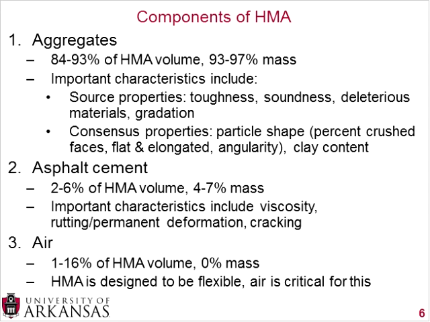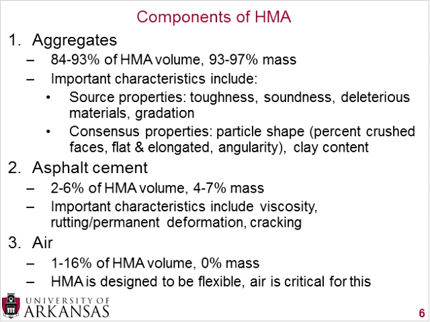The second component of HMA would be asphalt cement, and that's anywhere between 2 to 6% of the HMA volume and around 4 to 7% of the mass. And this could be a presentation in itself, as could the aggregates be, but talking about important characteristics of asphalt cement, I don't do it justice in one bullet point.